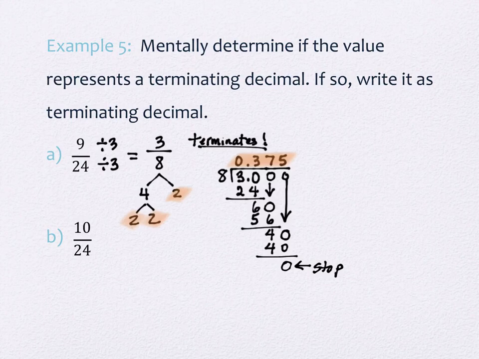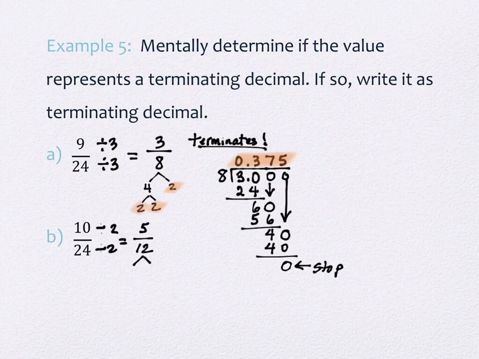10 over 24. Does it reduce? It does. How will it reduce? Yep, you can divide both of them by 2. So 10 divided by 2 is 5, and 24 divided by 2 is 12. Now let's factor 12.